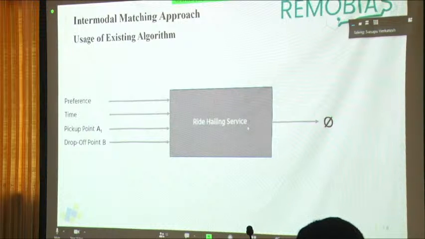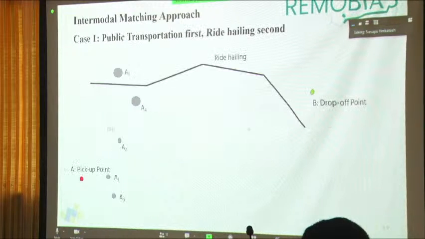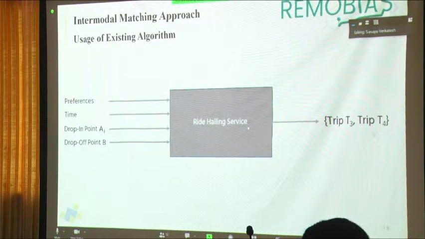If you enter from point A1 to B1, it also gives a null set, because it is also far away from the system. So again, our system will check A4 and A5, then it will give the route to the end user.